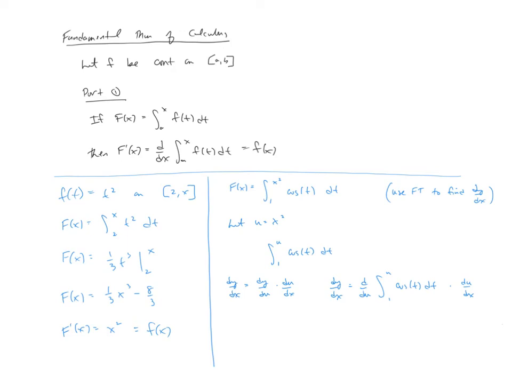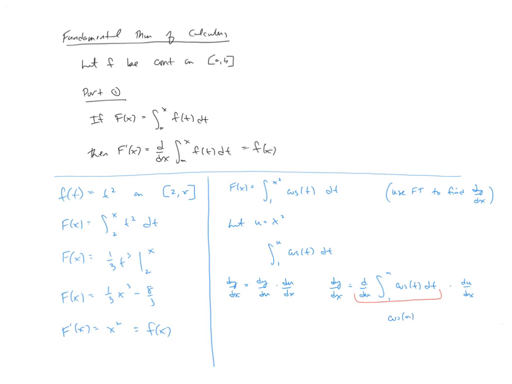Now, from this last problem, we went through a big process to come up with what we knew was going to happen. What we knew was going to happen is when we were given something like this, the answer is always going to be just this function evaluated at that variable. So that's going to give us our cosine of u.